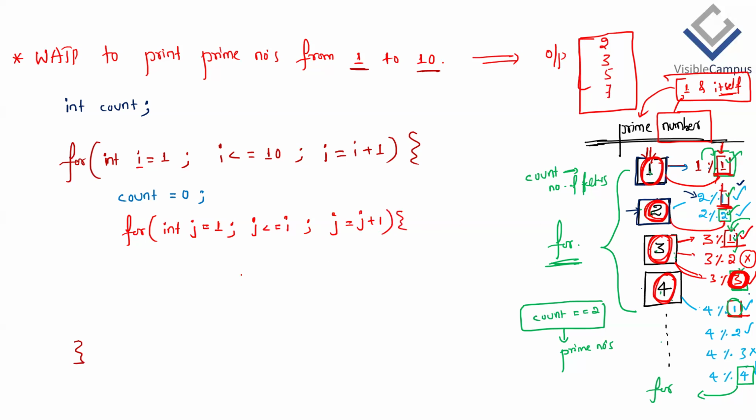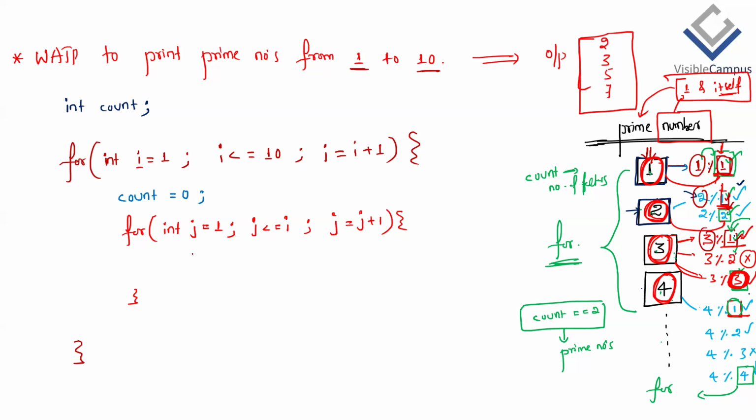Then in such a scenario, inside this j loop, what are we supposed to write? What's the purpose of this j loop? To check whether the i value is divisible by the j values or not. That's the purpose of the inner loop.